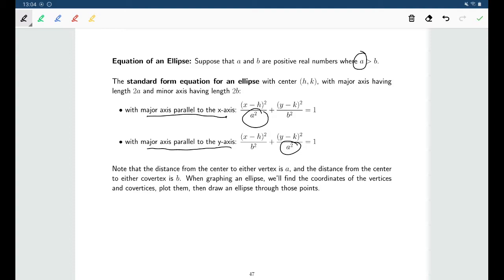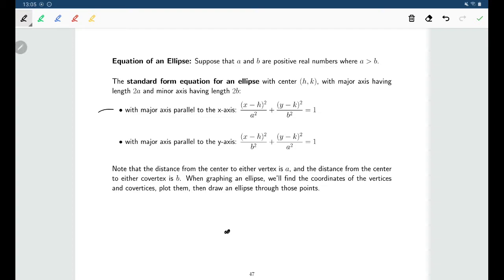The other part here is that when we start graphing from our center, a and b are the units on either side of the center that will find our vertices and our covertices.